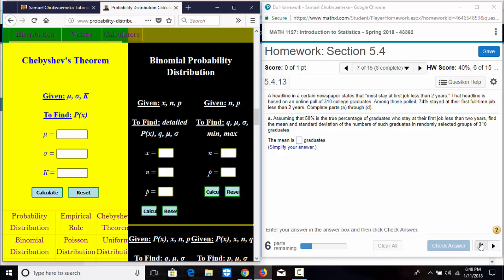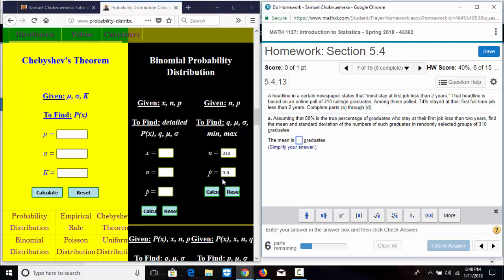So our sample size is 310, and here the probability of success that we are going to use is 50%, 0.5, because they said assuming that 50% is the true percentage of graduates who stay at their first job less than 2 years.